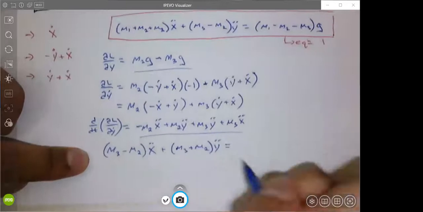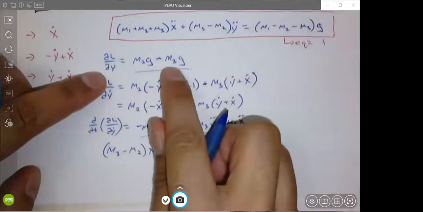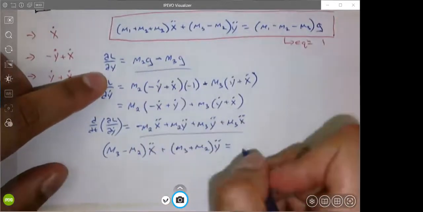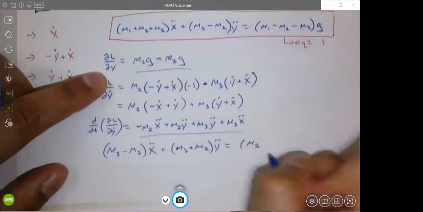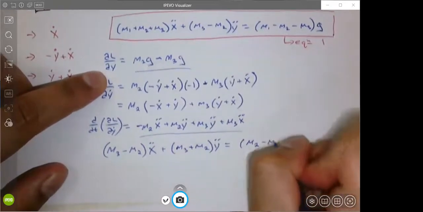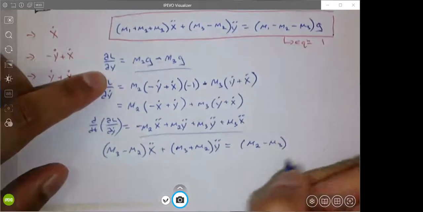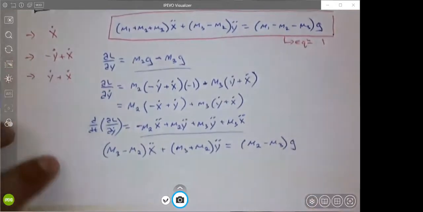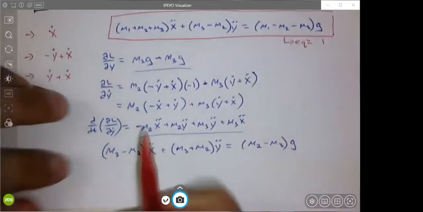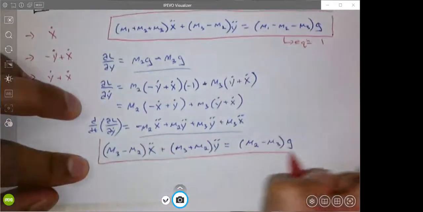And all of this is going to equal the top term right here, and that's going to be m2 minus m3 multiplied by g. This is equation 2.